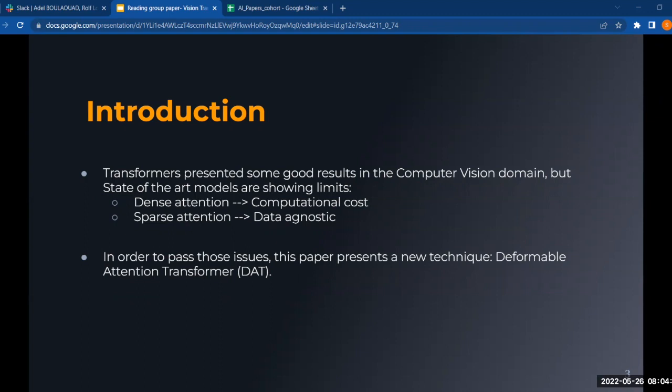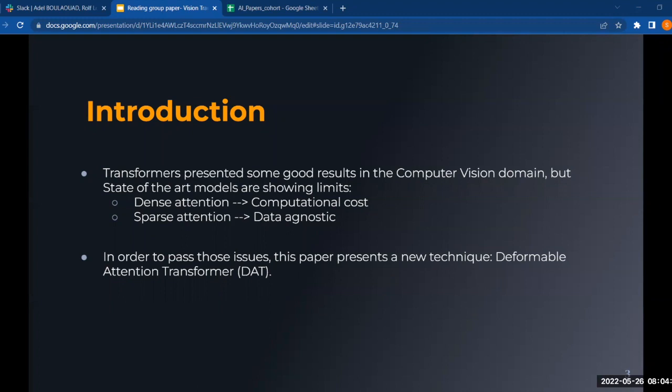So let's move to the motivation slide. Transformer-based models have larger receptive fields and excel at modeling long-range dependencies compared to CNNs, which makes us want to do further research in order to improve it.